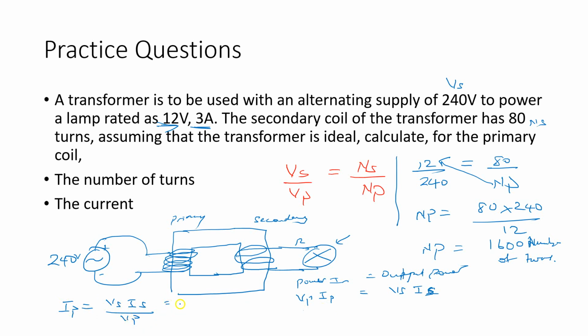So we could put in the values: 12 times 3 divided by 240.